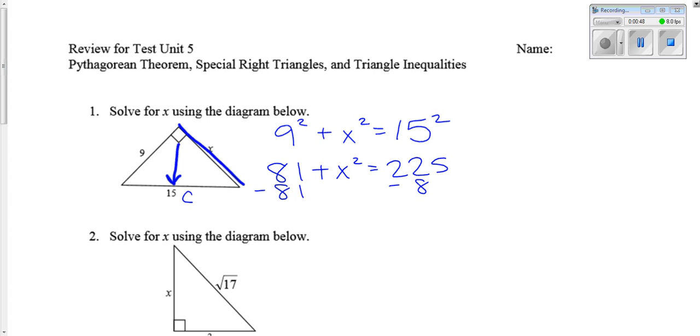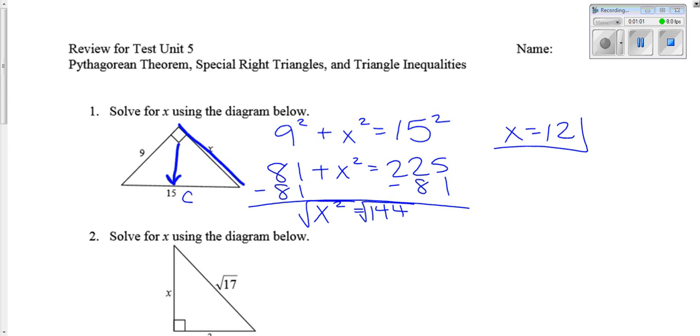Subtract the 81 from both sides. I get x squared equals 144. So I square root both sides to get that x equals 12. So there's number 1.